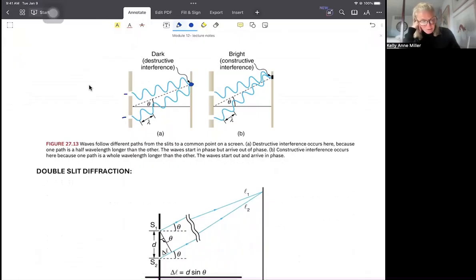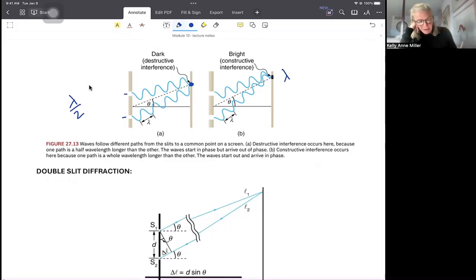If they're lambda over two out of phase, then they destructively interfere. If they're in phase, if their peaks line up and the troughs line up, then they constructively interfere. So what determines whether it's a destructive band or a constructive band?